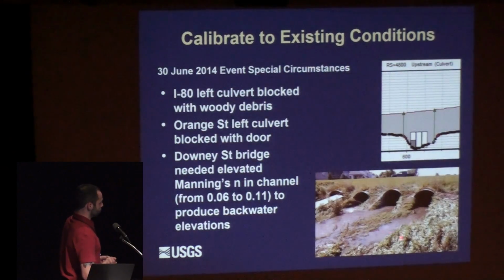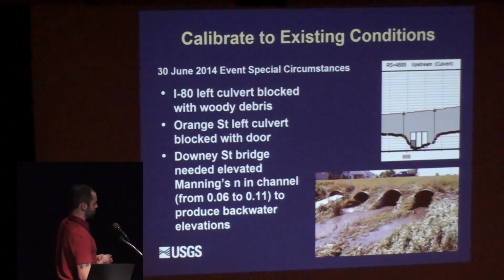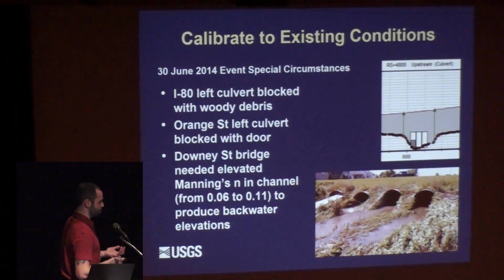Also, there are 4 corrugated culverts on the northern end of town on Hoover Creek, and one of these culverts was blocked here. You can see in the picture a door, just a regular door from a house, that somehow got into the stream and blocked this culvert during the high water event. So I ended up blocking the flow to this culvert during this event, and it brought up the water level a foot from these culverts and affected the water level in the immediate area upstream from here.